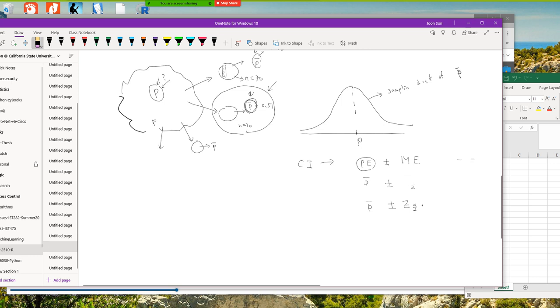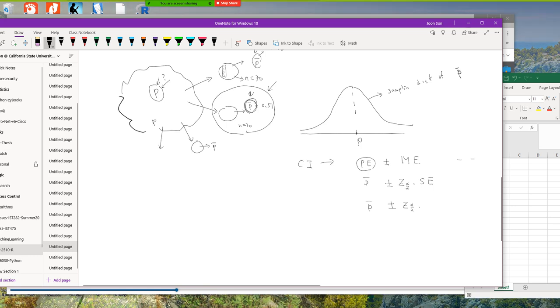The exact equations: the point estimate plus minus the marginal error. We can expand this marginal error as z alpha divided by 2 multiplied by the standard error, which is the sigma of p bar, the standard deviation of the sampling distribution of the sample proportions.